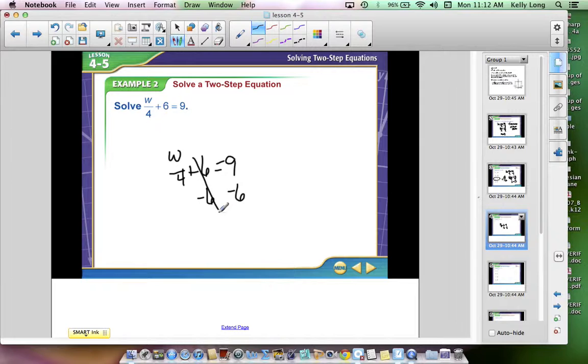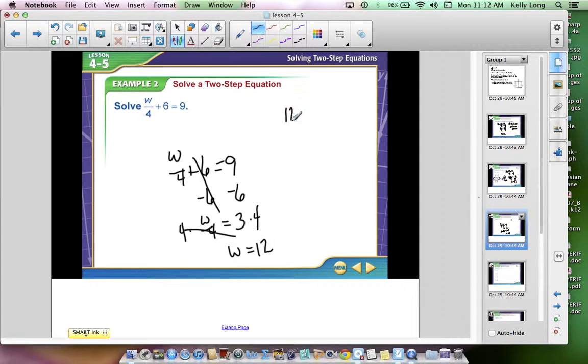Those cancel out. I've got W over 4 equals, what's 9 minus 6? 3. Now what's going to get rid of dividing by 4? I'm going to multiply by 4. So those cancel out, leaving me with W is equal to 12. I need to check my work.